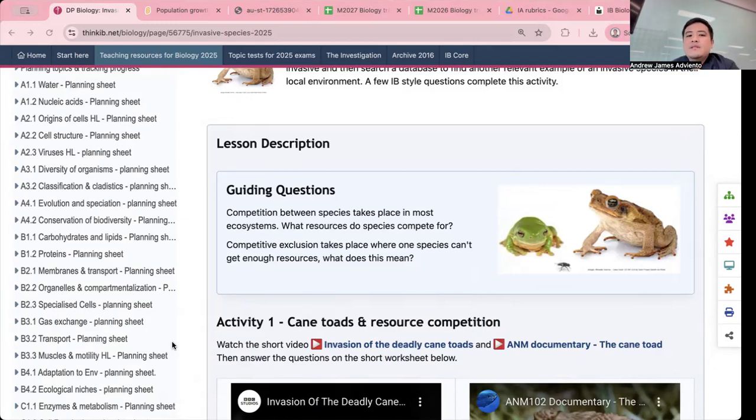A species becomes invasive when it significantly disrupts its new environment. These species can be introduced intentionally or unintentionally. Intentionally, for example, as pest control agents or ornamental plants, unintentionally, such as via global trade, transport in ships, or on people's goods.